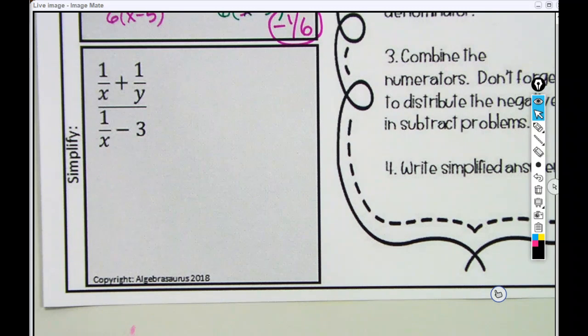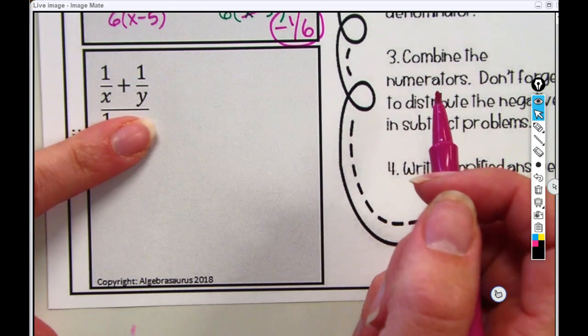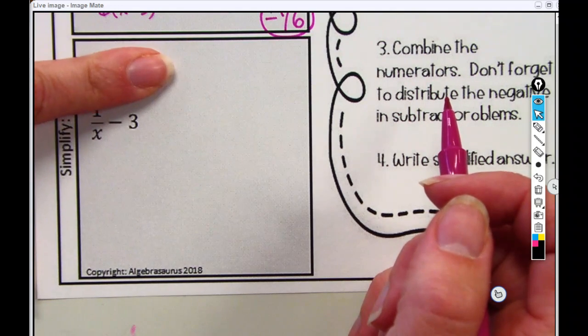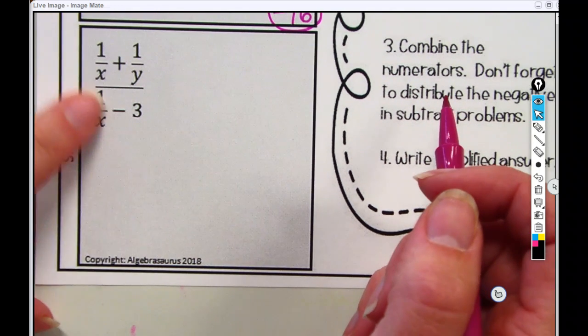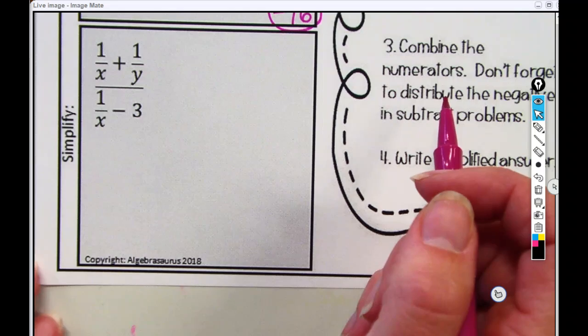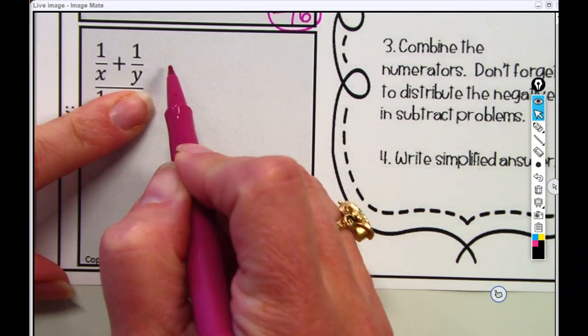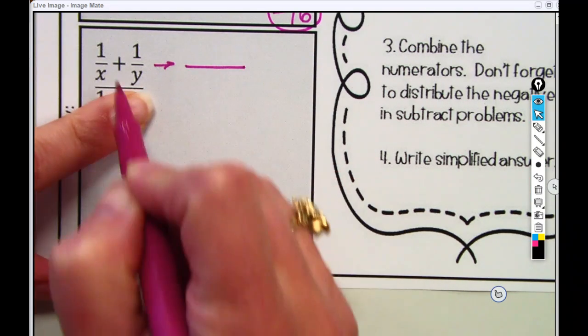Does it make you nervous looking at this problem, or are we okay? Well, yeah, that's what I see too. I see, all right, so we're going to look at the top by itself. We're going to look at the bottom by itself, and then we'll end up doing that division problem. Okay, so if I look at the top, what would my common denominator be?